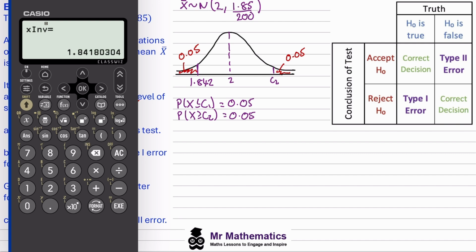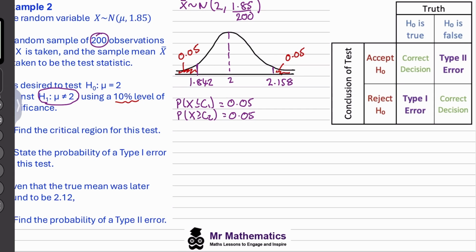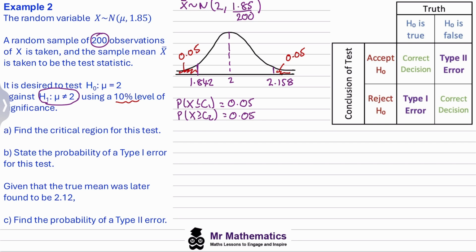And then to work out C2, we'll change the area now to 0.95, and we get 2.158. So these are our critical values. So the critical region is when x is less than the 1.842 or x is greater than the 2.158.